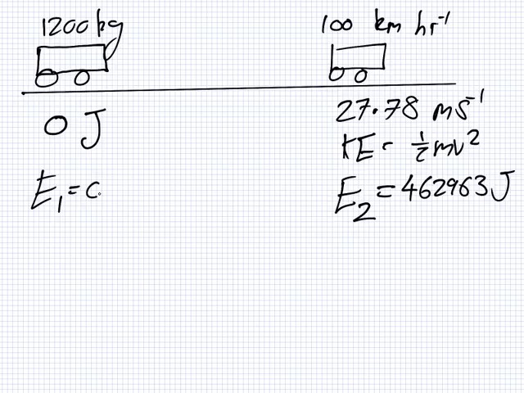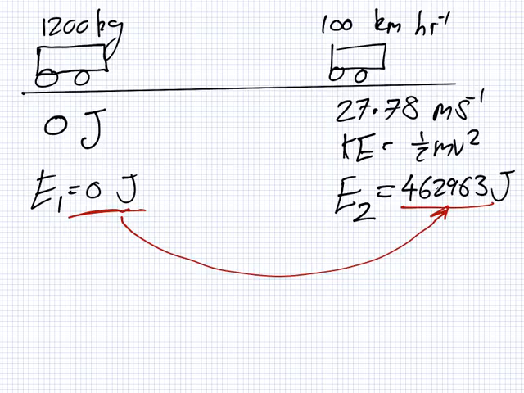The energy at the start was 0, and the energy at the end was this much. Where did that energy come from? Burning fuel. Yeah, the engine, basically. So what did the work in this question? The engine. So the work that was done by the engine equals 462,963 joules.